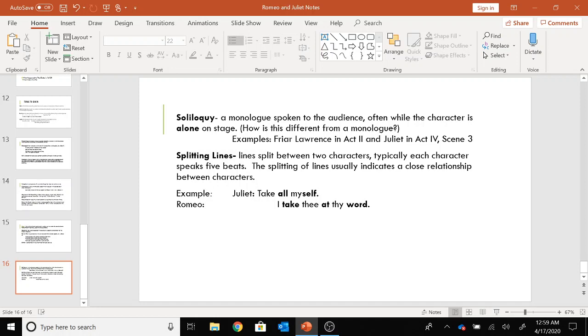Well, clearly this line does not have 10 total syllables and 5 iambs, but Romeo's line here splits it, meaning he finishes her sentence to indicate how close these two characters are in their relationship, that he finishes her line figuratively in terms of the iambic pentameter and in the meter and form of poetry.